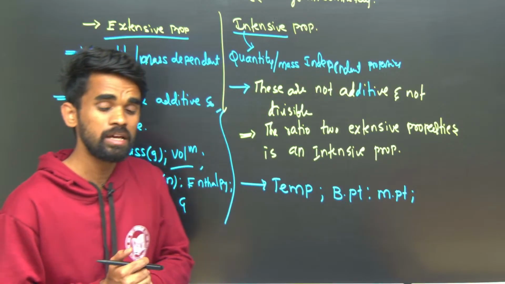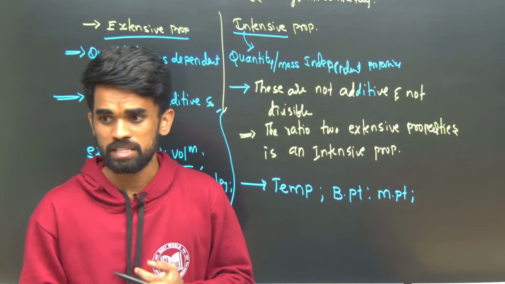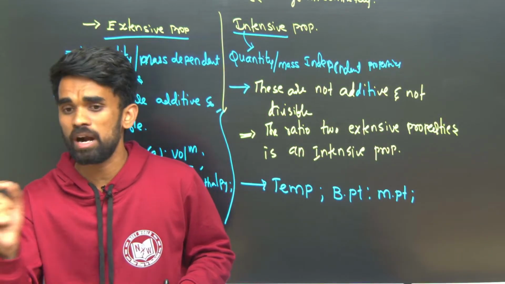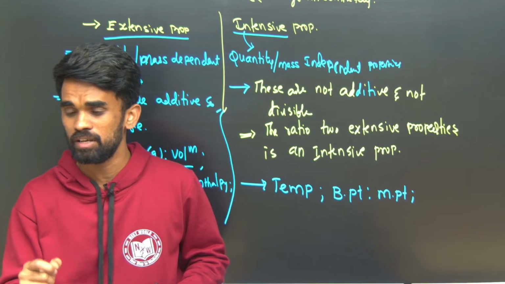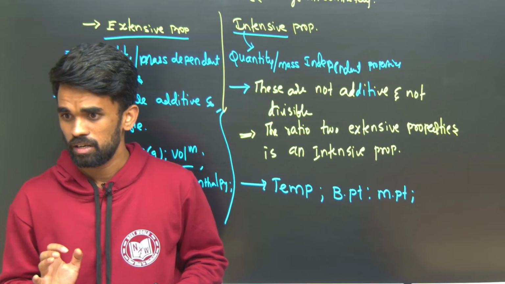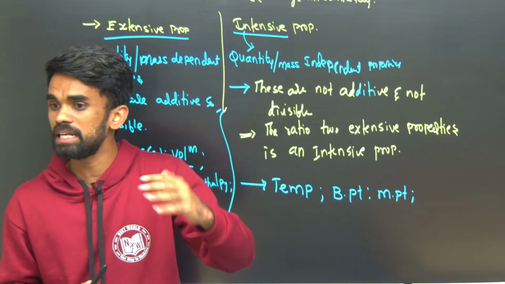Next, one more thing I told you: the ratio of two extensive properties is an intensive property. For example, density. Is density extensive or intensive? Just remember, whenever someone asks you the density of water, they will not ask the density of 1 gram of water or 1 liter or 500 ml of water. They will just say density of water. The units are gram per ml or kg per liter, like that they will mention.